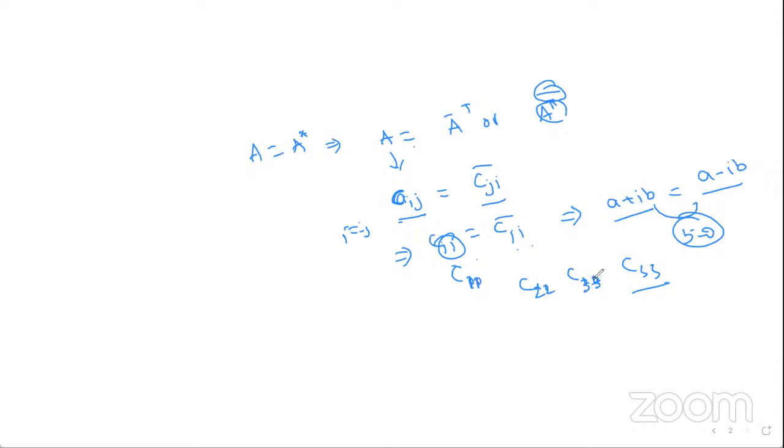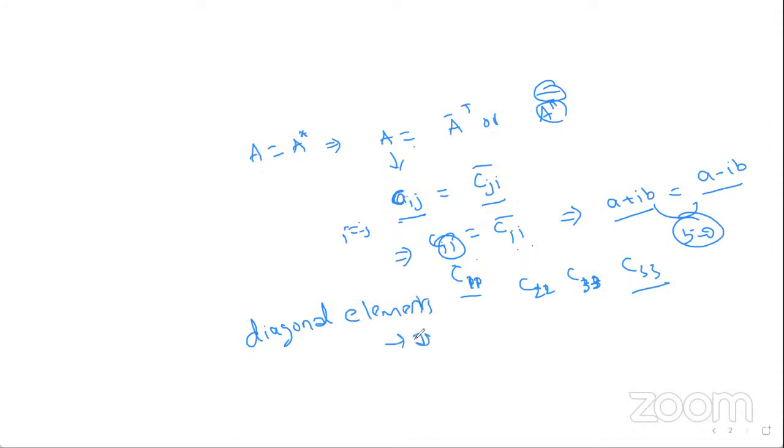We don't use 0 indexing, we just use 1 indexing here. So C11, C22, C33 are the diagonal elements. For those diagonal elements, the b value is 0, which basically means the diagonal elements in a Hermitian matrix should be real.